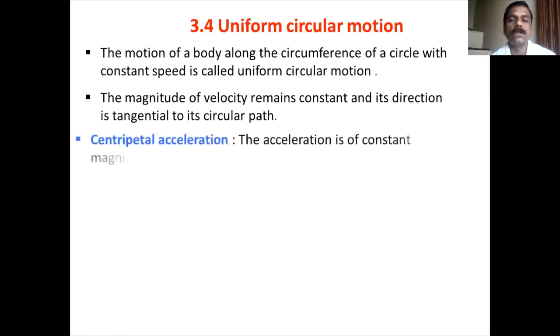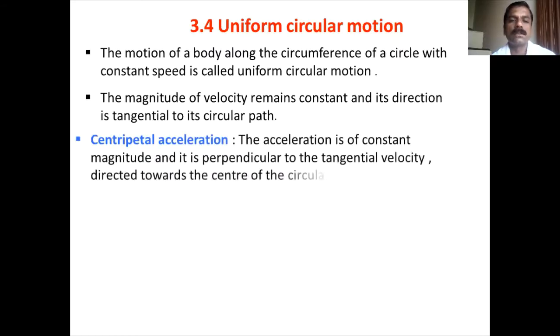As we know, the object is moving in a circular fashion, so the centripetal acceleration is required, and the acceleration has a constant magnitude and is perpendicular to the tangential velocity.